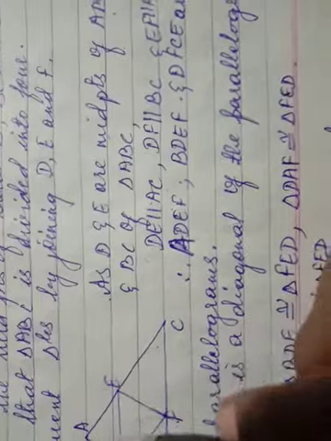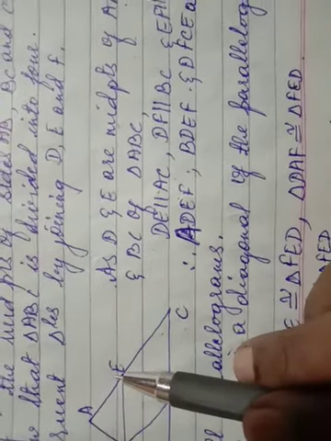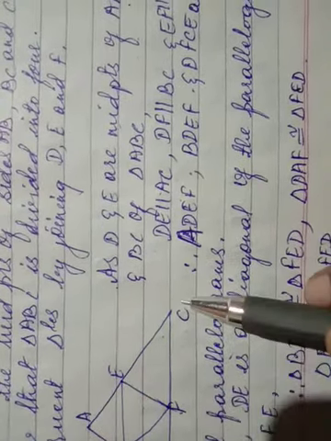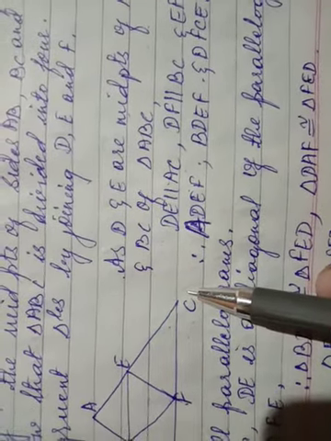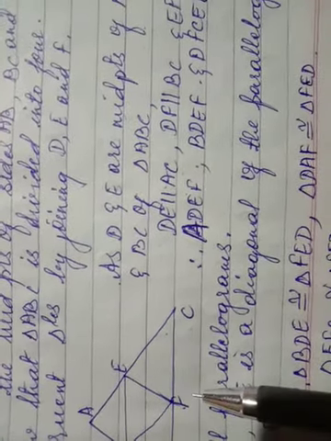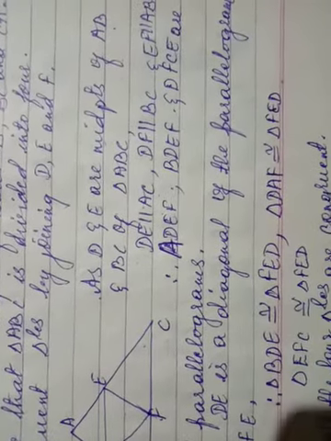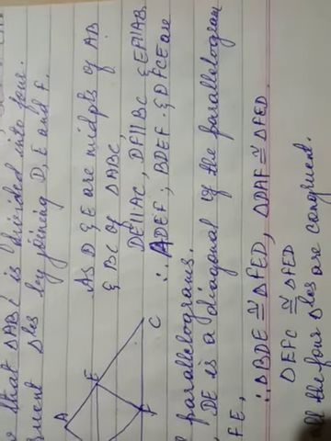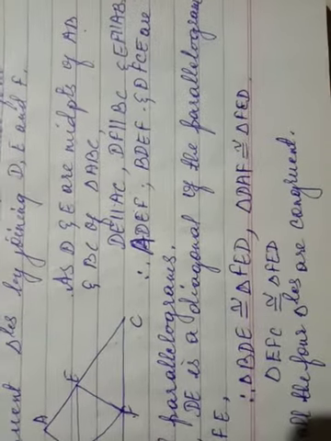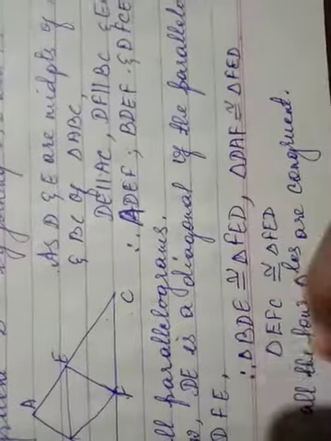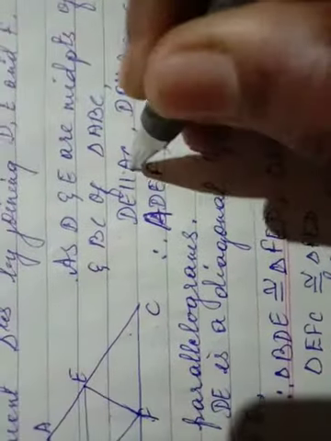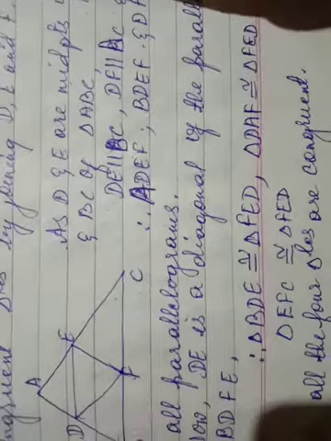Also DF is parallel to BC, and EF is parallel to AB.